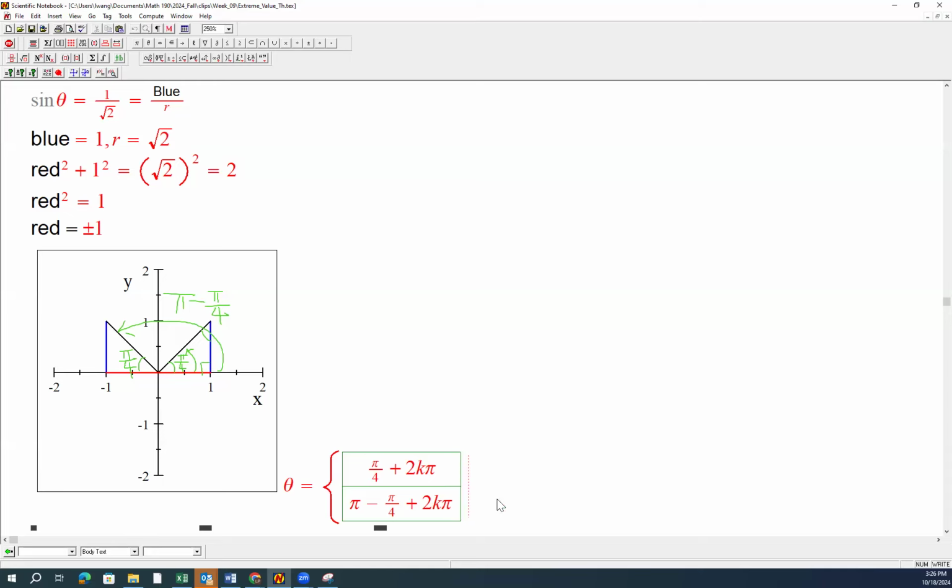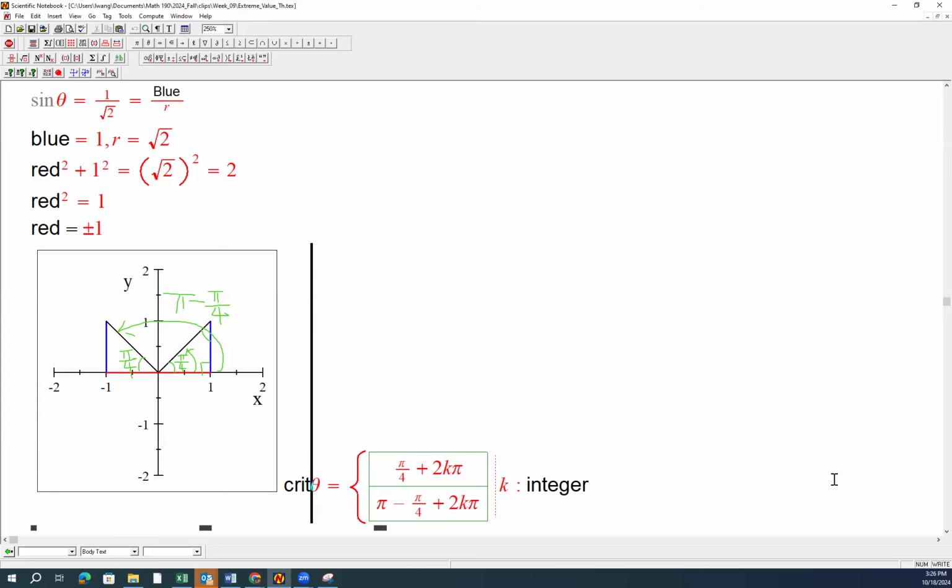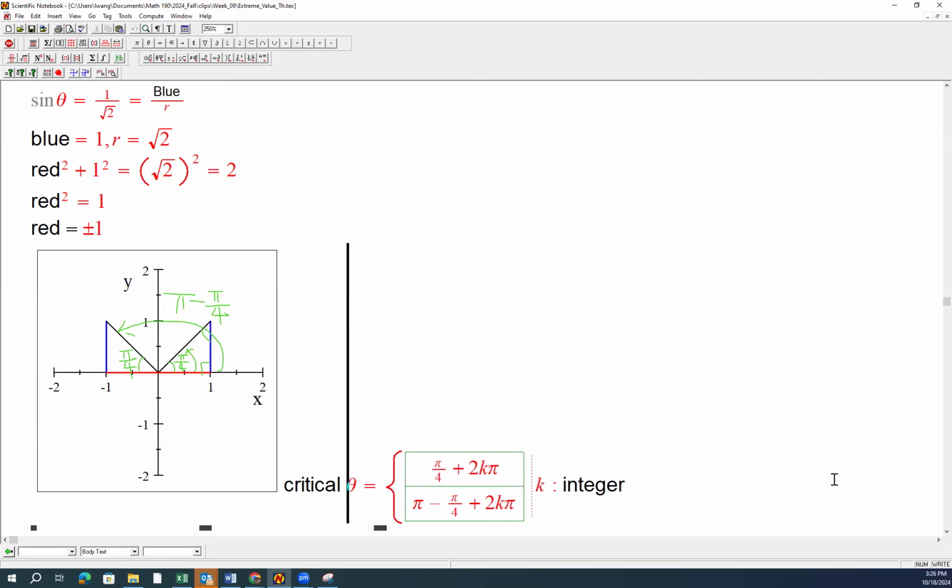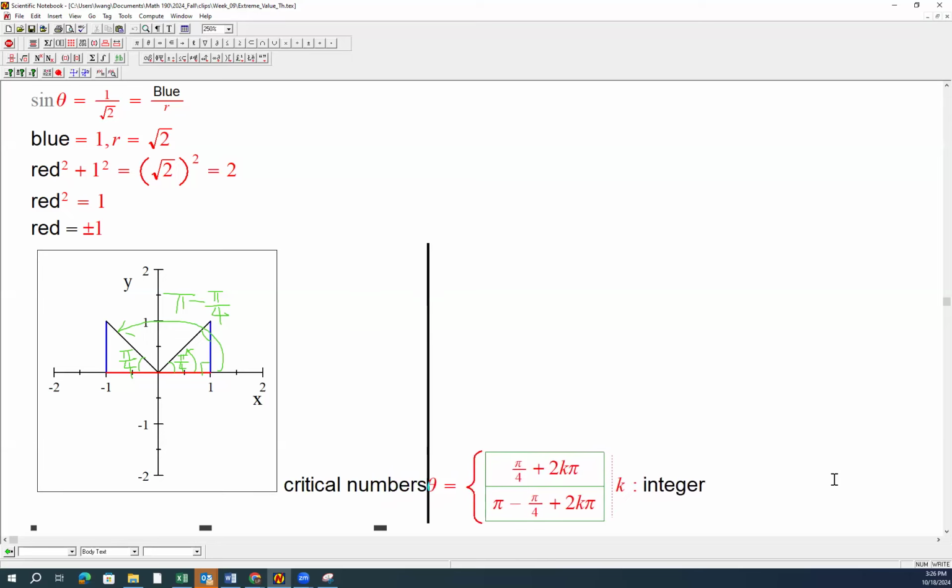And of course, k is any integer. So those are the critical numbers.